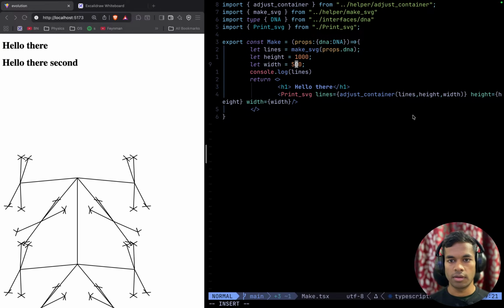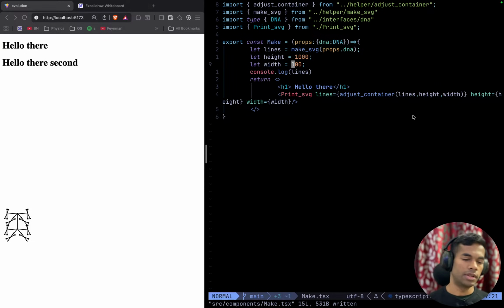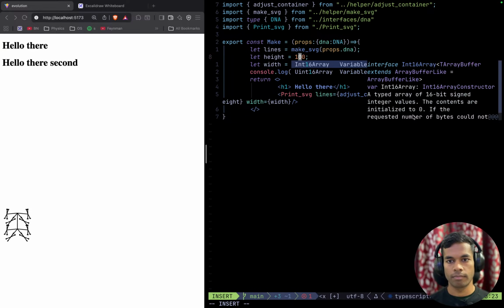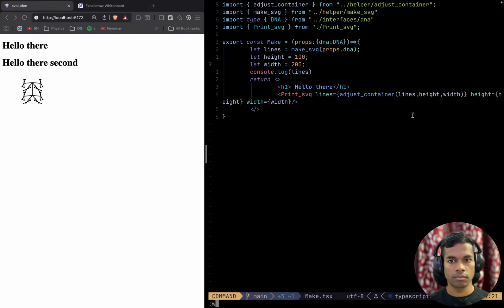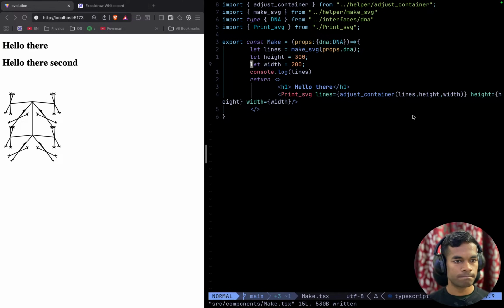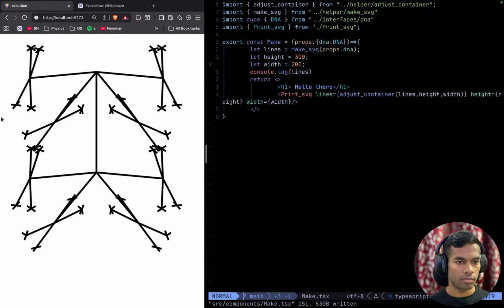And if we decrease the width to be very small, then it does not matter how big the height is. Okay, that is acceptable. Looks cool.